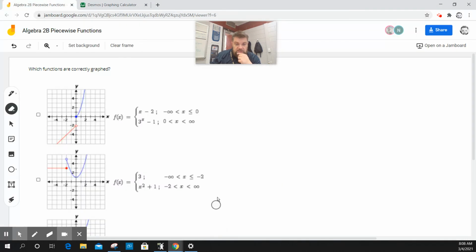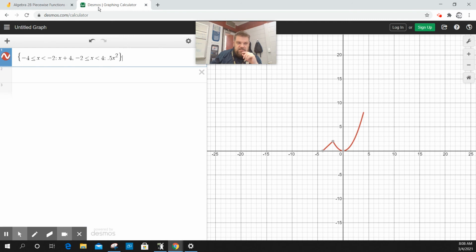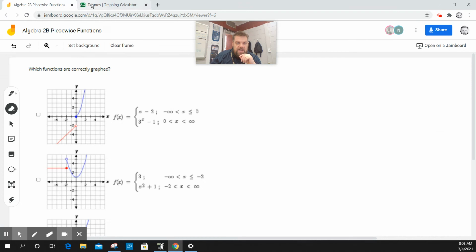My boundaries change too. Oh, that's great. So this one goes from negative infinity to 0, but that's really just less than 0, right? Are they including the 0? Yeah.